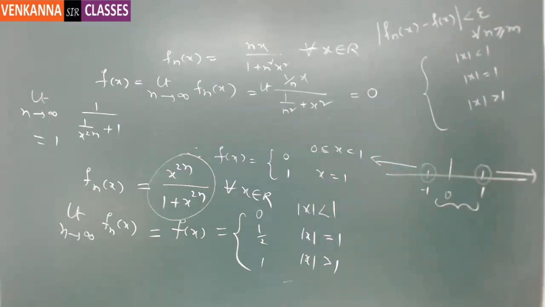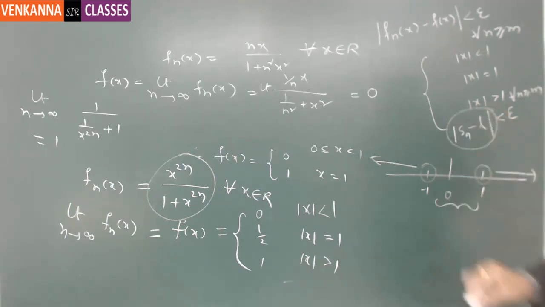Because in the convergence of sequences, how do we do that? We assume that Sn is a sequence and L is the limit, then we assume mod Sn minus L is less than epsilon for all n greater than or equal to m. By simplifying this expression, we get the term number m.